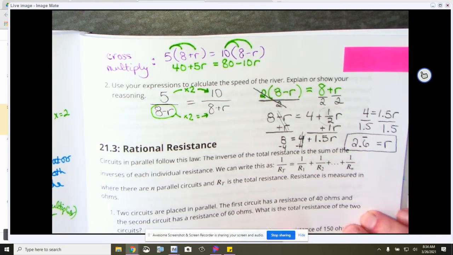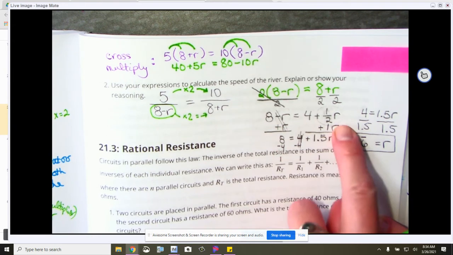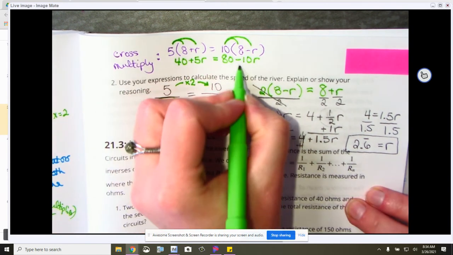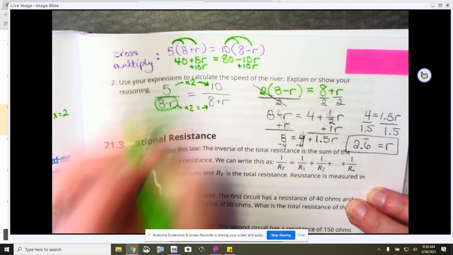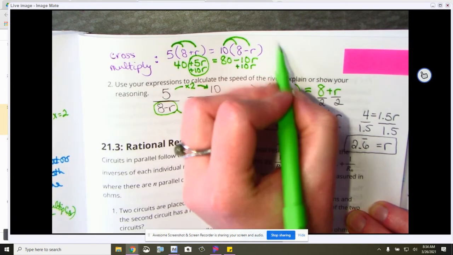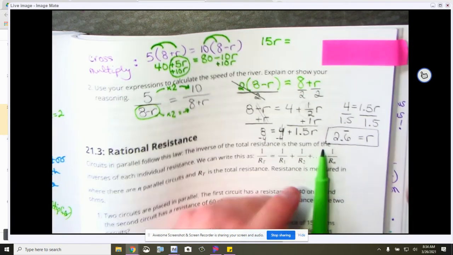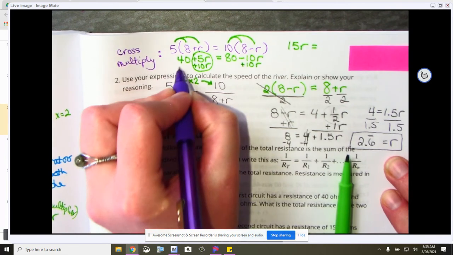All right, from here I'm going to go with Aiden's method that I like so much, of getting the r's on one side and the numbers on the other side. So I would add 10r because I like having more positives. So over on this side, we would have 15r. In the same step, I'm going to also combine our constants.